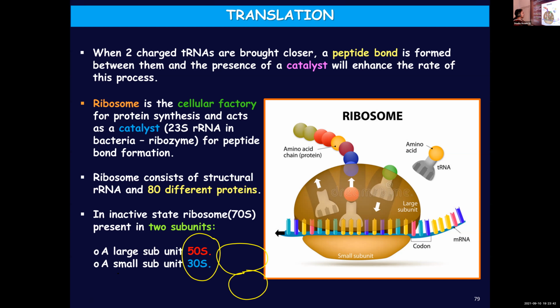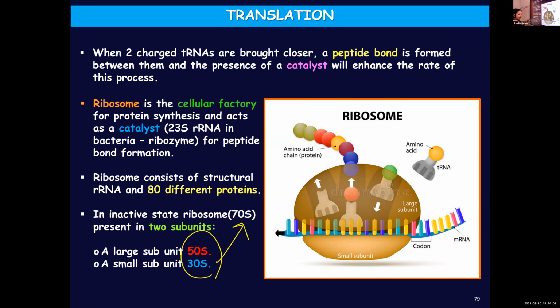Now, you might be thinking, why do 50S and 30S together make up a 70S ribosome? I think you know that. Last year, we had learned 50S and 30S. The sedimentation coefficient of the large subunit is 50S and of the smaller subunit is 30S. But together, they sediment at a lesser rate, so it is 70S.